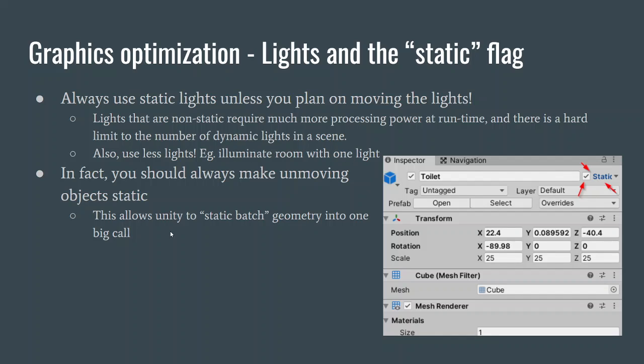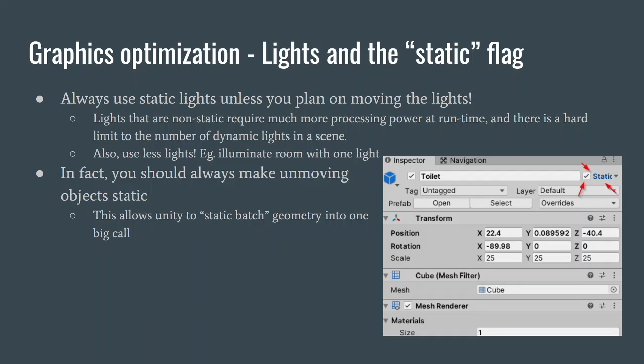And while we're on the subject, you should always make unmoving objects static. So if you know something like a wall or a toilet or something like that, something that's never supposed to move, you should always use this static flag. Unless something's going to move, like a person moves, the player moves.